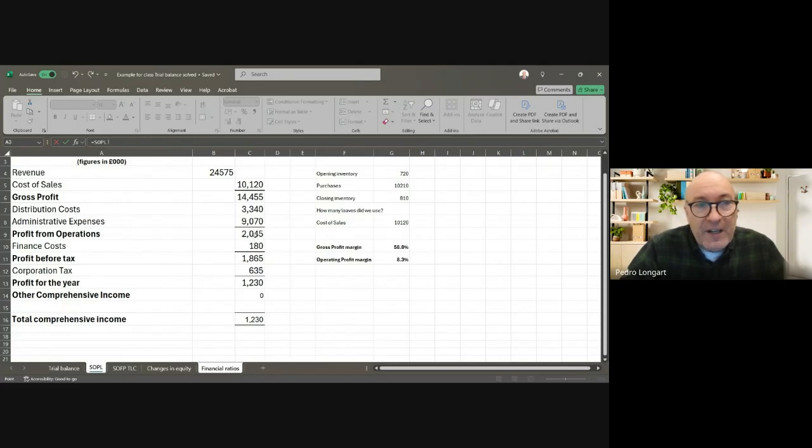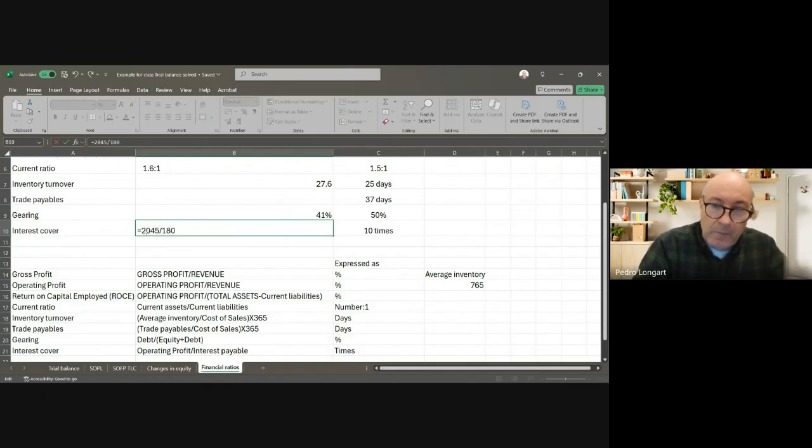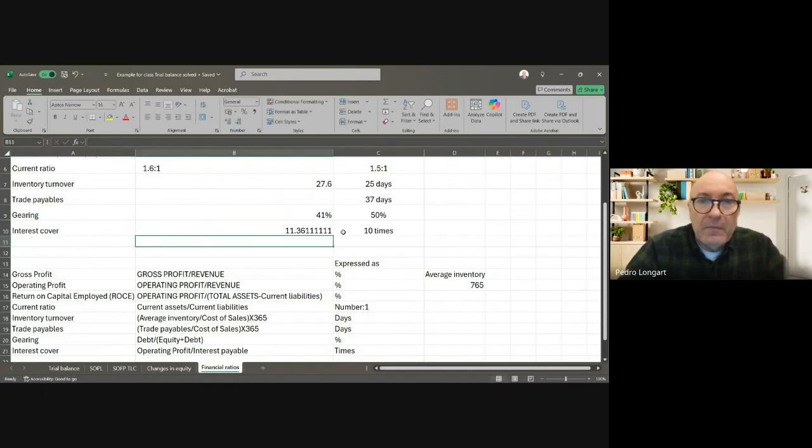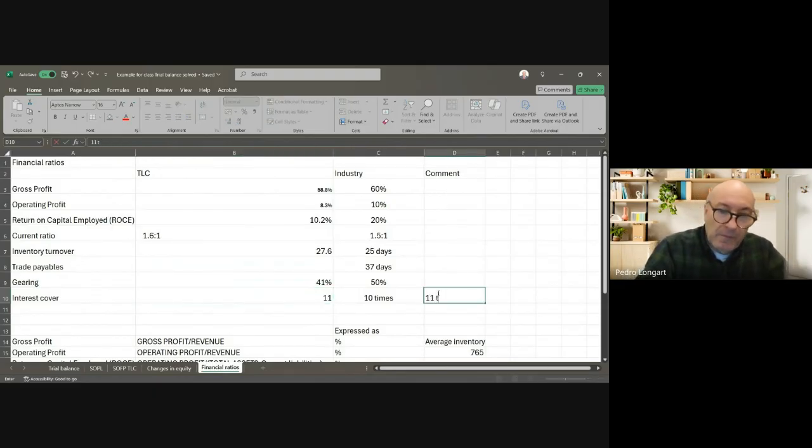These are two values that I need: the profit from operations and the finance cost, which is the interest that I'm paying. 2045 divided by 180. That gives me 11 times, around 11. I can just put 11 times. So you can put that it's 11 times.